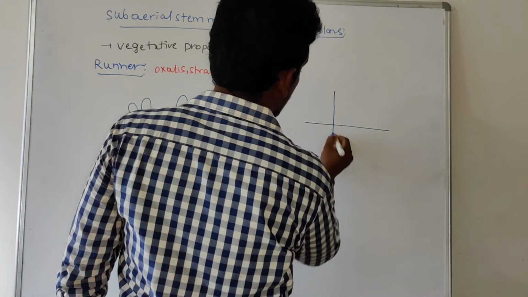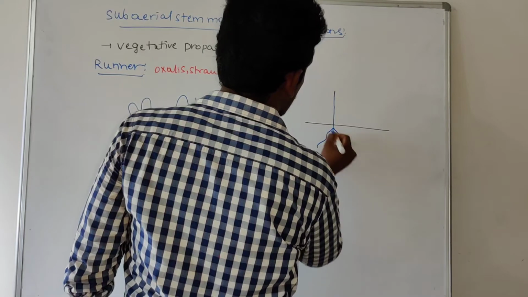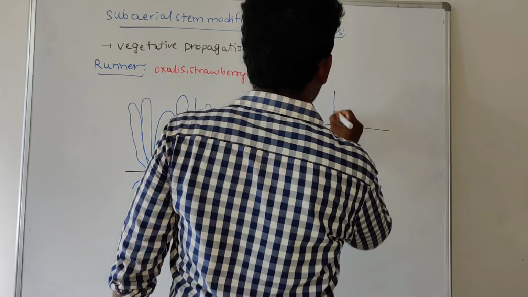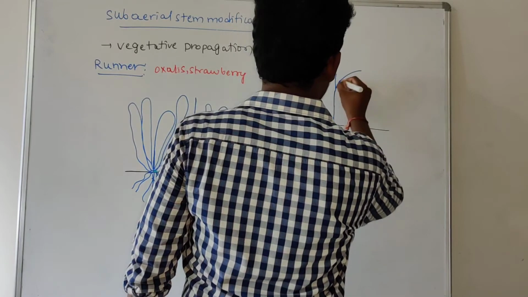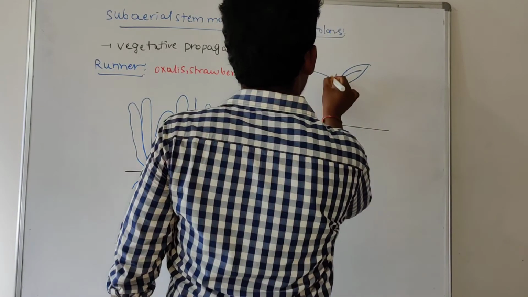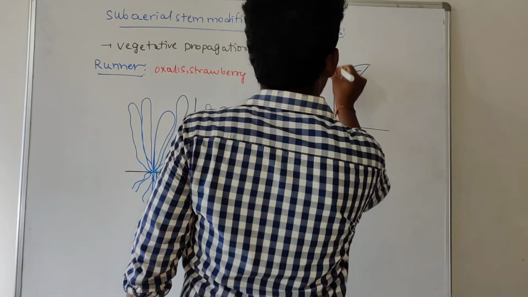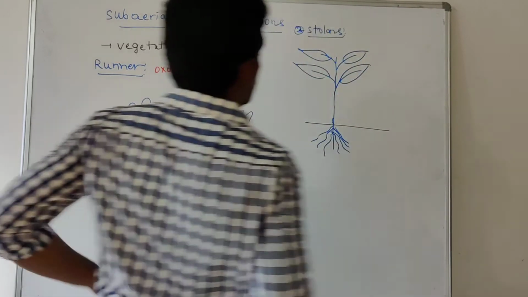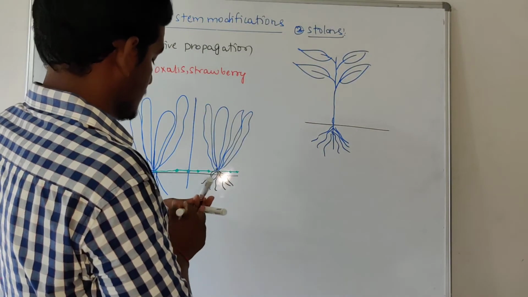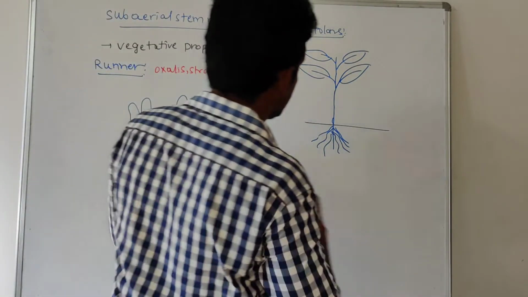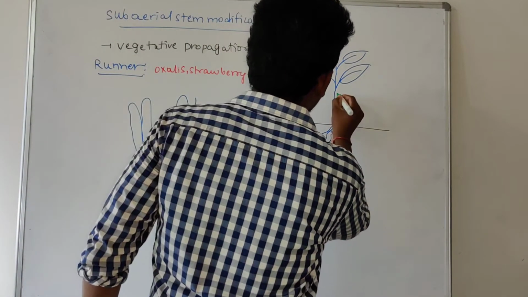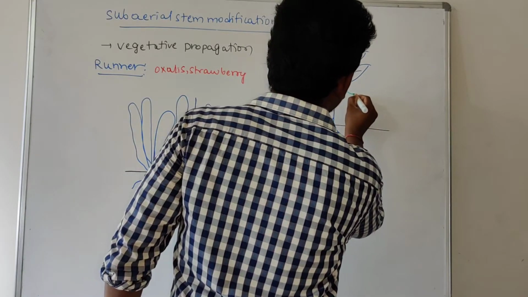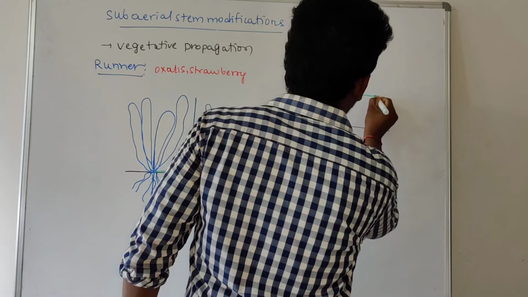Below the soil it develops roots, and above the soil it develops the shoot system. This stem produces various lateral branches. These lateral branches grow aerially for some time.